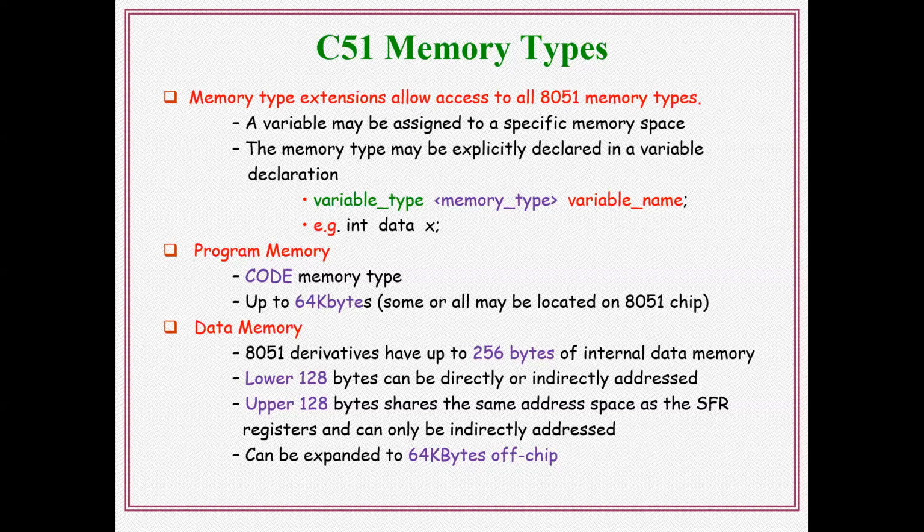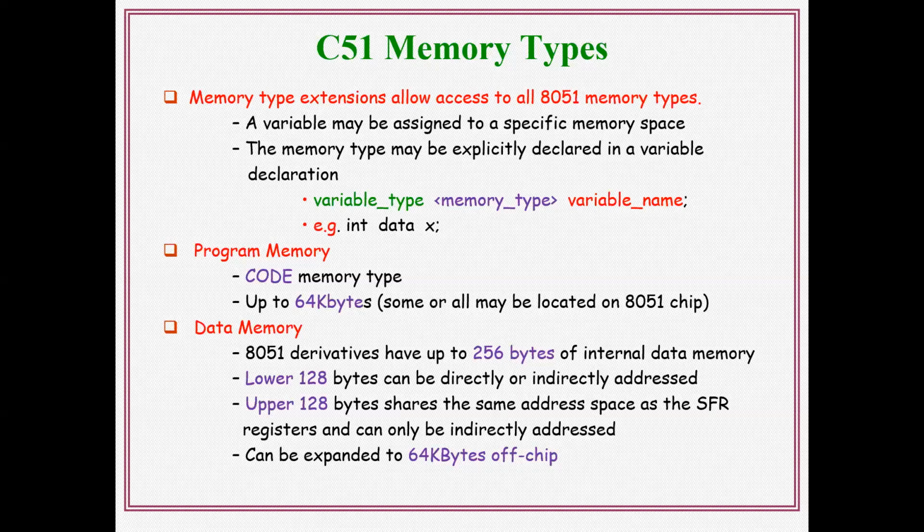8051 derivatives have up to 256 bytes of internal data memory. We know that the lower 128 bytes can be accessed directly or indirectly because it is general purpose RAM. The upper 128 bytes share the same address space as the SFR.